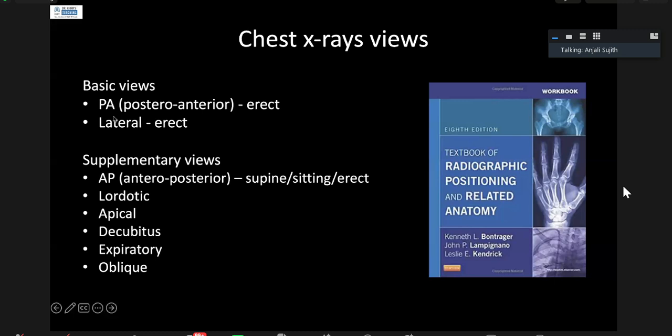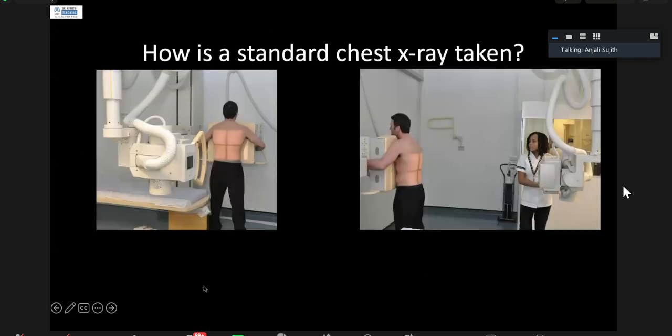Whenever a PA view is not possible, that is, the patient is not well enough to stand up and posture himself for a PA view, then we invariably end up doing an AP film. A few other supplementary films are lordotic, apical, decubitus, expiratory, oblique, etc.